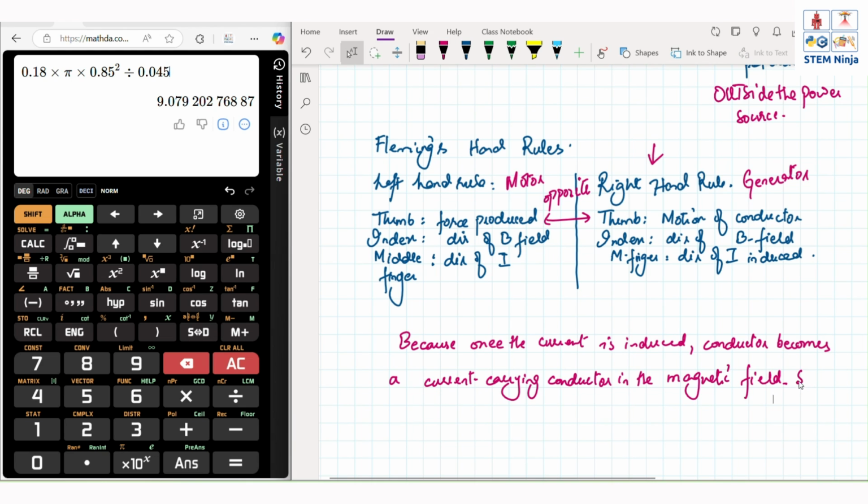So Fleming's left hand rule can be used to determine the direction of force produced.